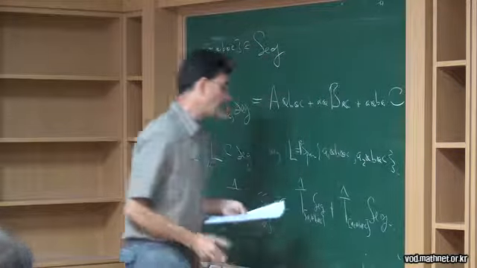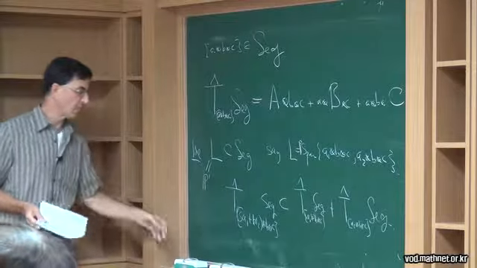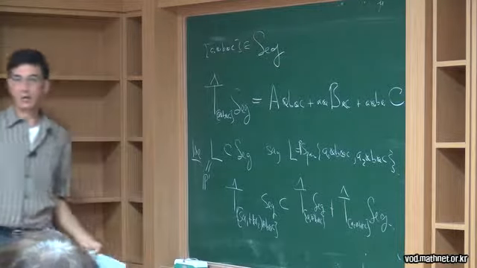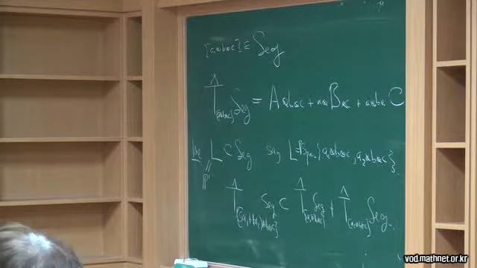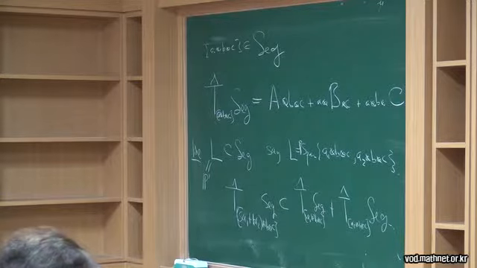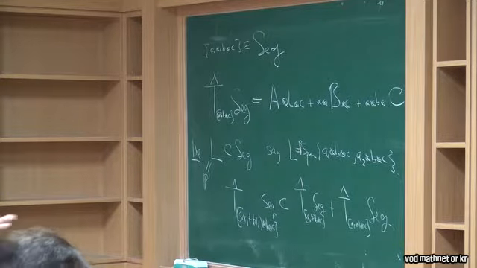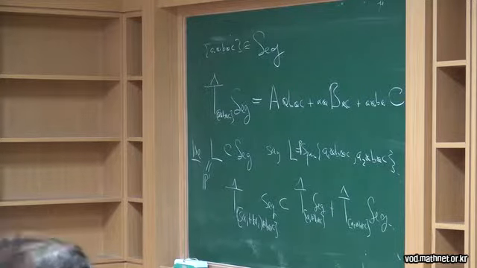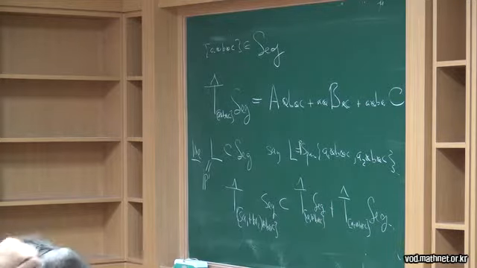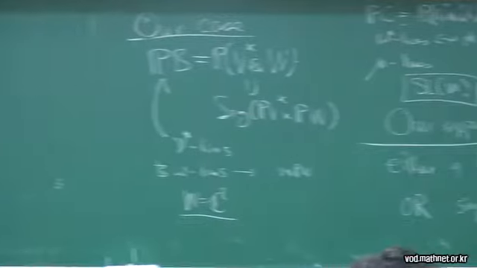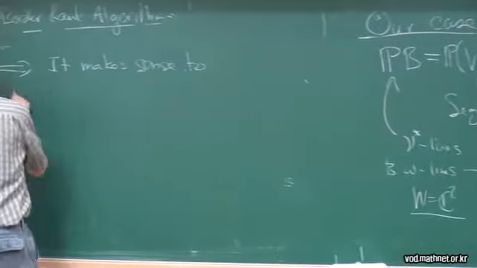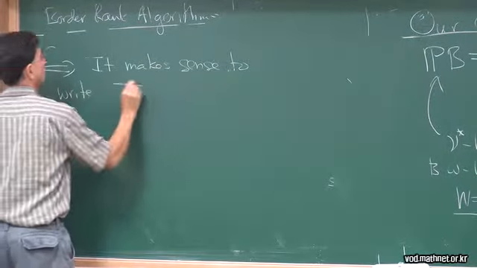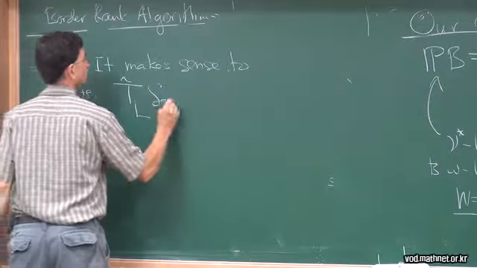And like I said, this is a special case of a very general fact about lines on projective varieties. So because of that remark, it makes sense to write the tangent space to L of the Segre.